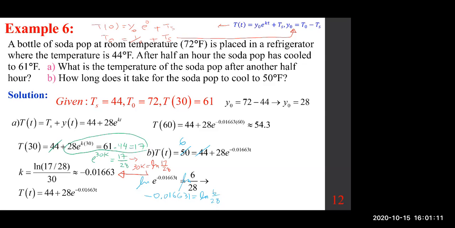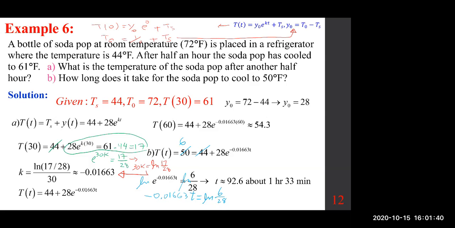This has a t, I forgot to put. So let me actually fix this. So t equals natural log of 6 over 28 divided by this number, negative 0.016663, that results in t with a bunch of decimals.